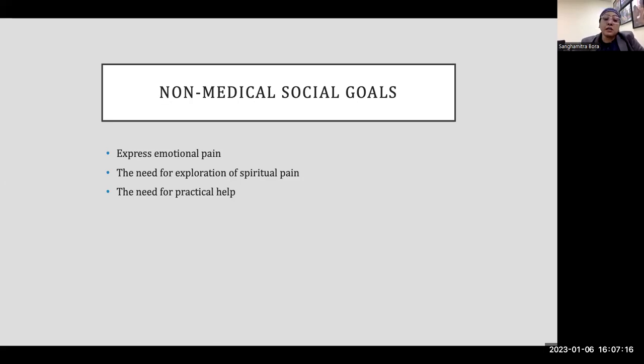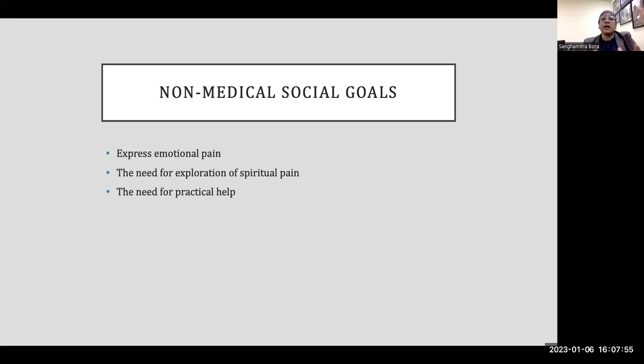And to answer this particular question and to shape up a kind of practical help for this particular individual, for this particular patient who's suffering so much in spiritual pain, the social worker or the team as a whole has to find a kind of solution to help this person answer his questions.